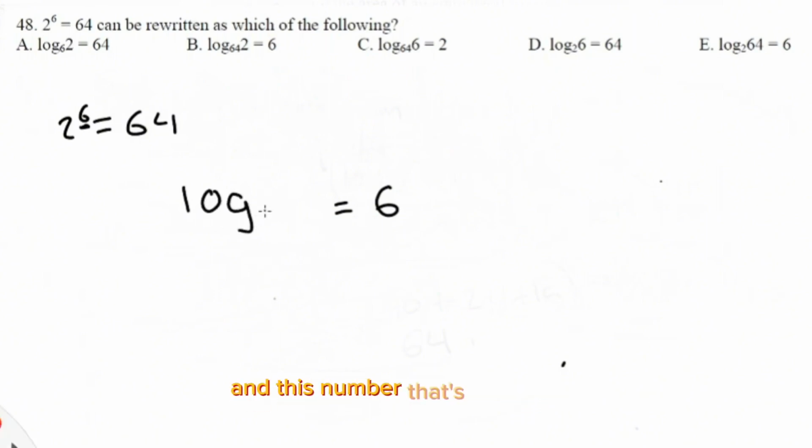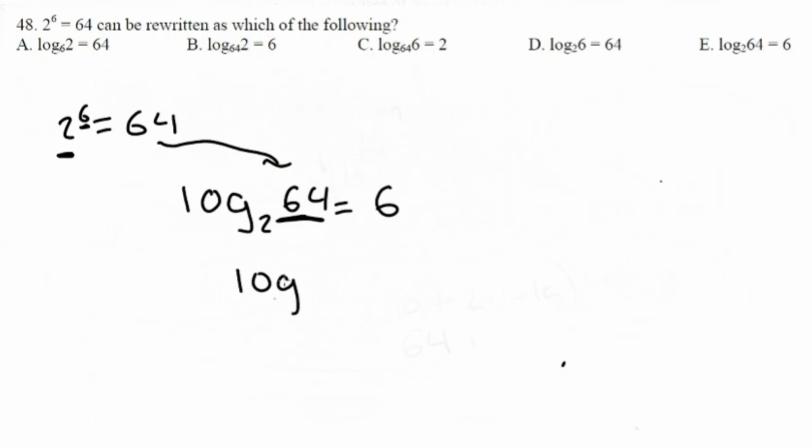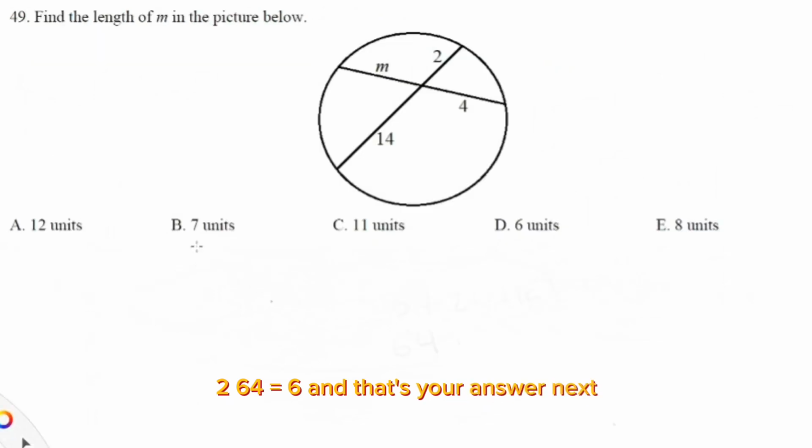The number down here is going to be your base number, which is the 2. And finally, this number which goes right here is what your log is equal to, so 64. So in the end, you get log base 2 of 64 equals 6. And that's your answer.